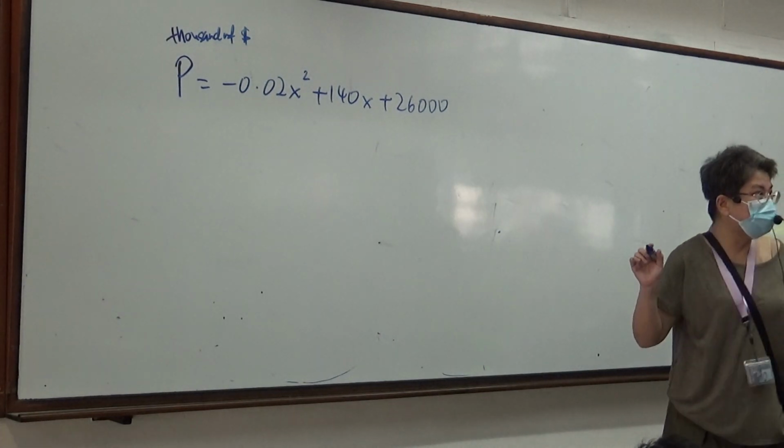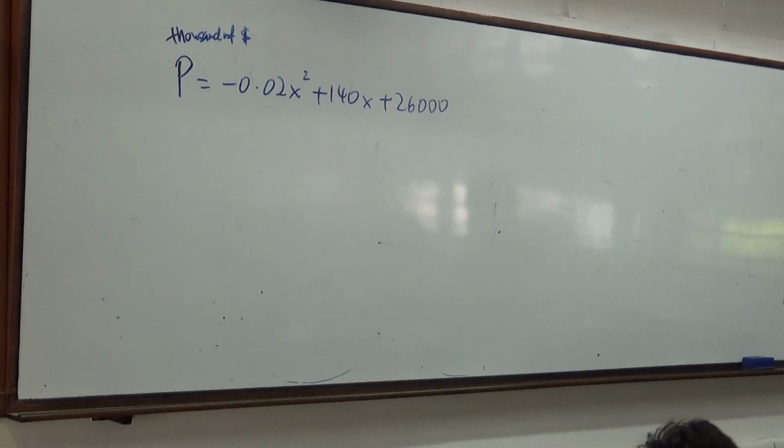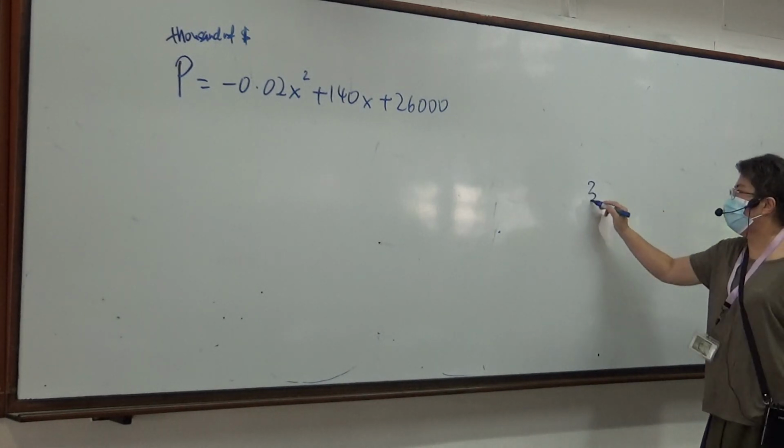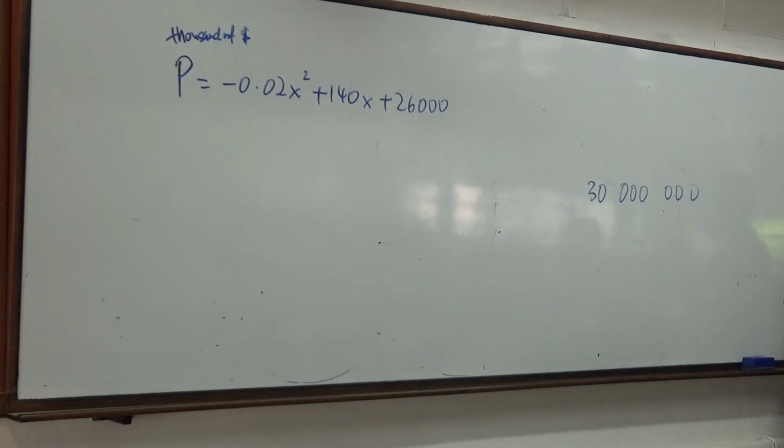Correct. x is also in thousands. Can you see? Okay. They say 30 million, which will be 30, 1, 2, 3, right? Because if you don't understand the question, you'll surely get it wrong.